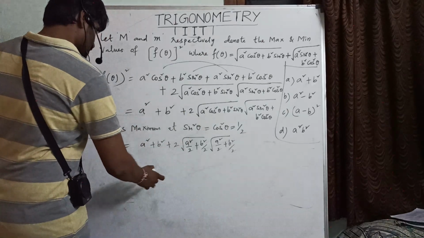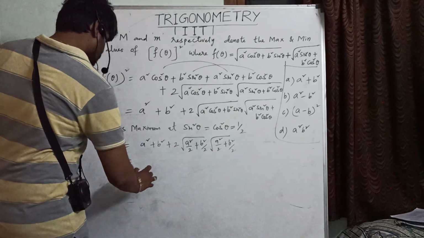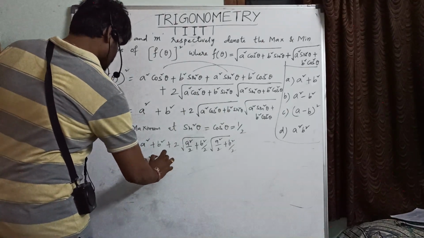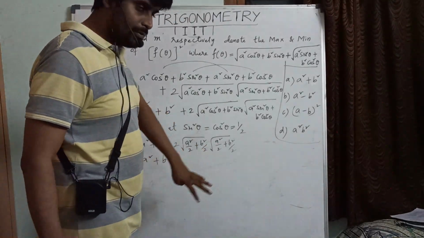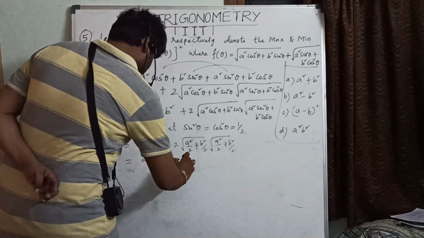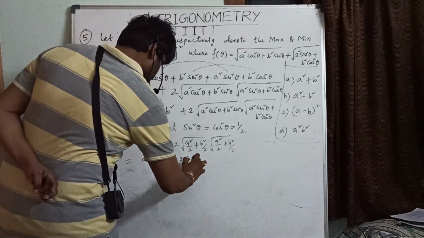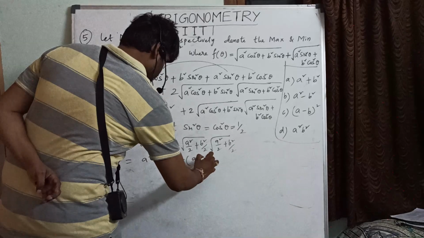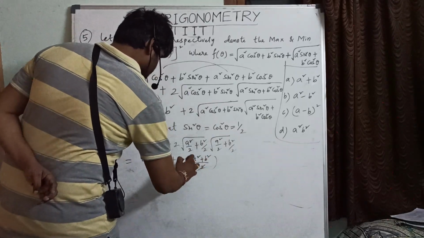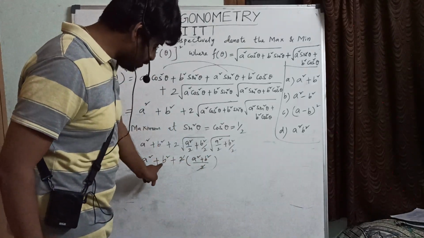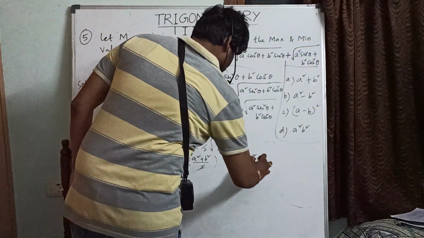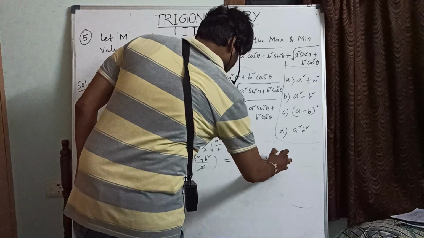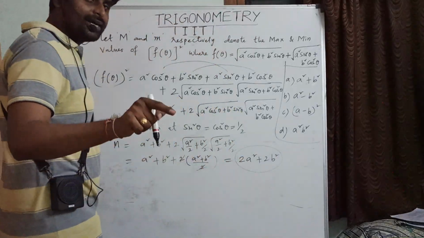So this will be a square plus b square plus the same term, so the root will be cancelled there. The 2 gets cancelled there. So 2 times a square, 2 times b square I can get. So 2a square plus 2b square. So that is the maximum value.